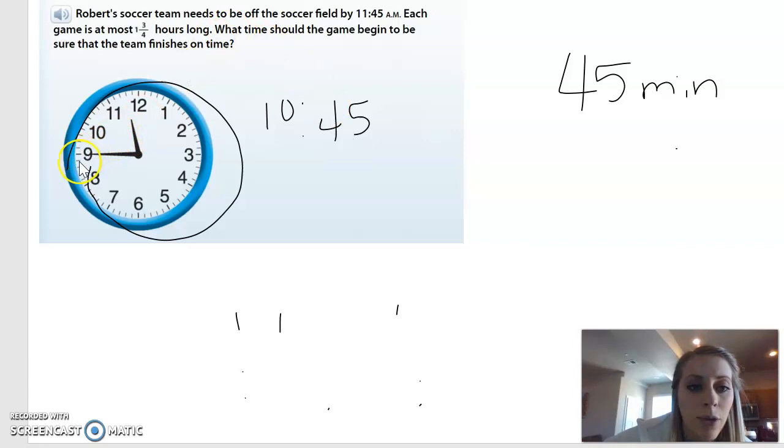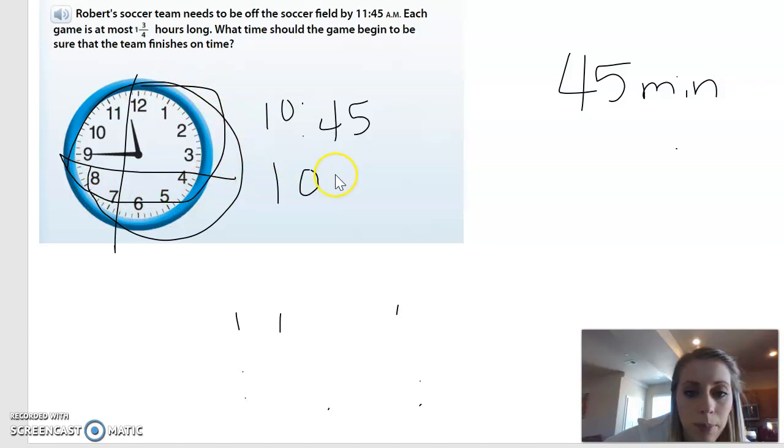Then if I go back 3/4 of that time, if I go back from 10:45 and I just go to 3/4, I know that my time would now be 10 o'clock. That's a new hour.